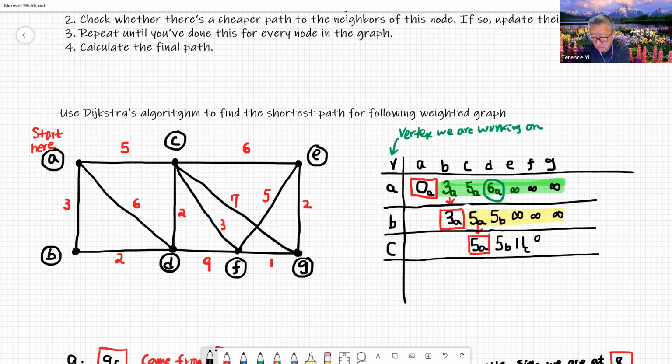It comes from vertex C. Now, next one is going to be C and G, right? C and G is going to be 7 units, and the 5 units between A and C. So that's going to be a total of 12 units. Better than infinity, right? So we're going to write 12 and C.